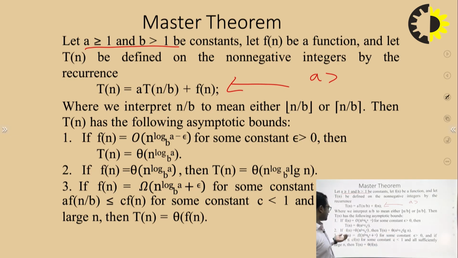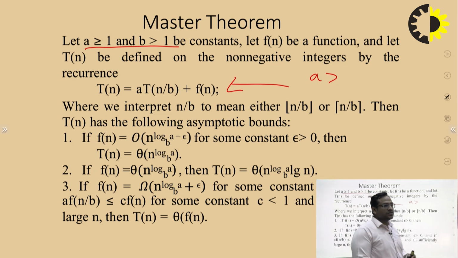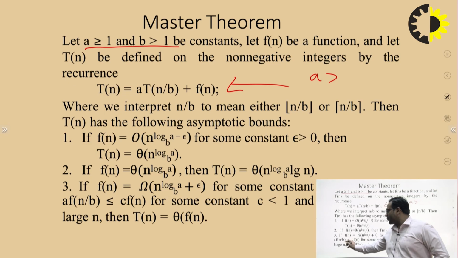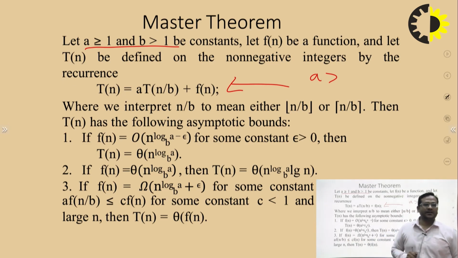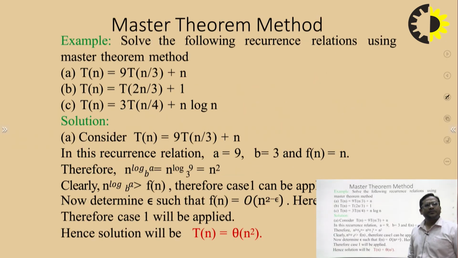Case 3: if f(n) = n^(log base b of a plus epsilon) for some constant epsilon greater than 0, you also have to check another condition: a f(n/b) is less than or equal to c f(n) for some c less than 1. Got my point? If both conditions are true, then T(n) = theta of f(n).